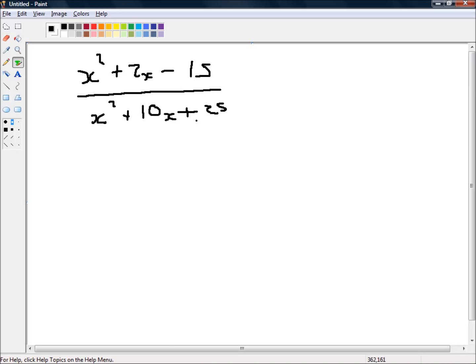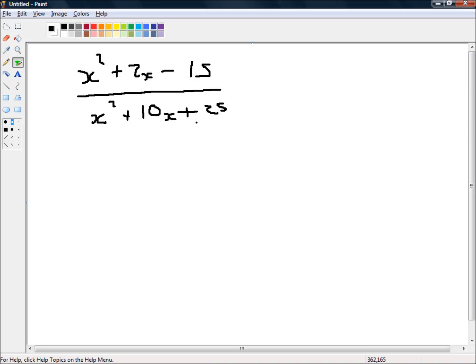So let's first of all try and find the roots of this expression, that is to say the zeros of the expression, or what values for x will make this expression equal to 0. So let's start by factorising it. So we've got x squared plus 10x plus 25. So we're looking for two numbers that will multiply together to give 25 and add together to give 10.